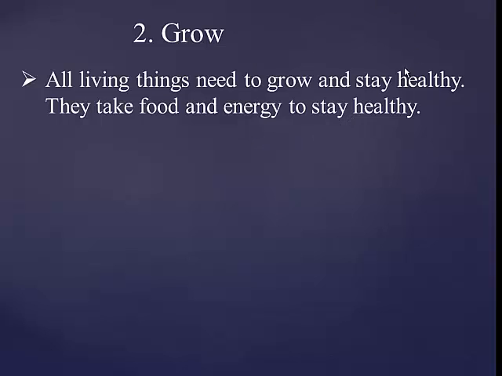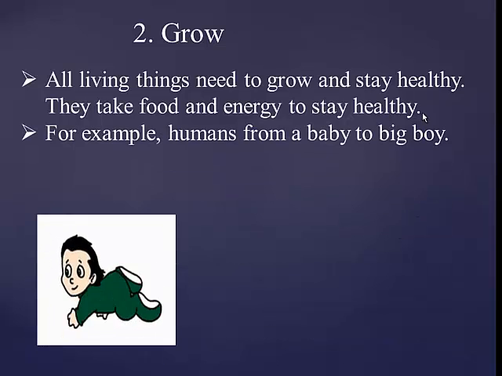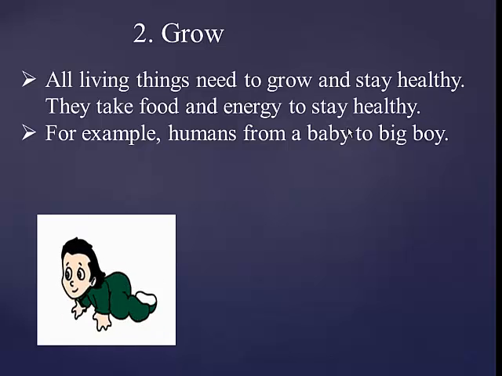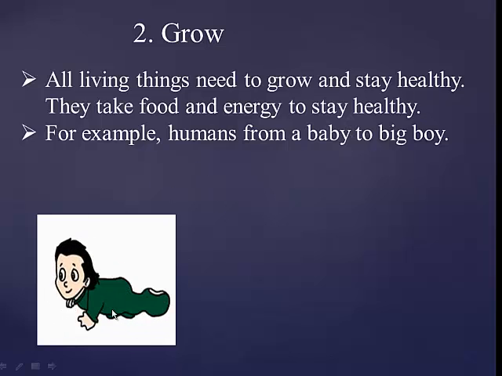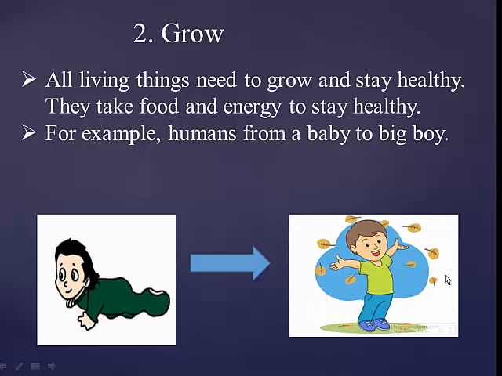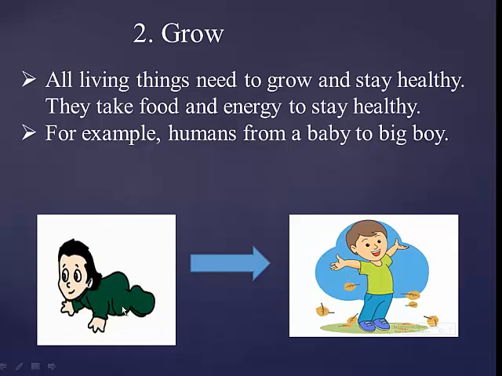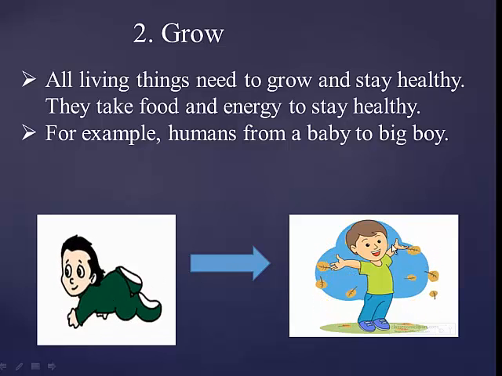In order to stay healthy, they take in substances like food and water. For example, a human grows from a baby to a big boy. This is a baby boy who has grown up to a cute little big boy. This is when he was young, and now he has grown up to a big boy.